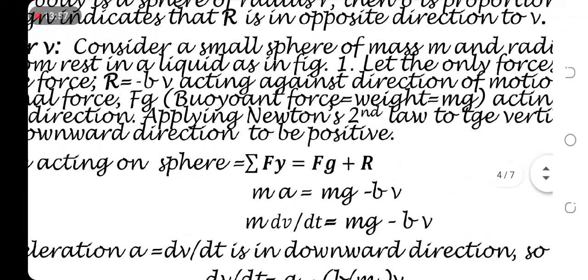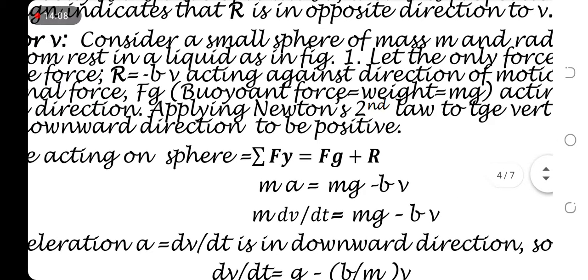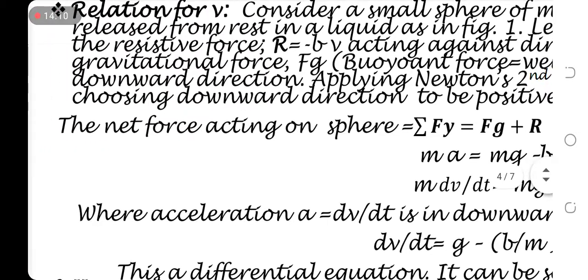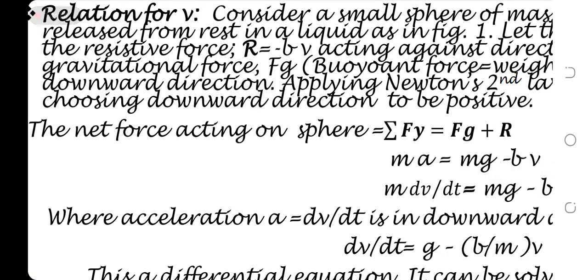Since there are two forces applying here, Newton's second law can be applied to get the vertical downward directed motion. Choosing the downward direction to be positive, we know the initial velocity, in whatever direction, is always positive.